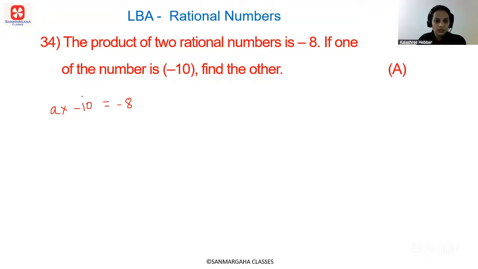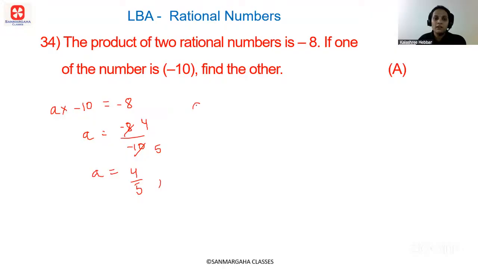If one number is minus 10 and you have to find the other number, and the product of these two numbers is minus 8, now let's find out. Minus 8 divided by minus 10, A is equal to 4 by 5. Okay, so now you can cross verify here.